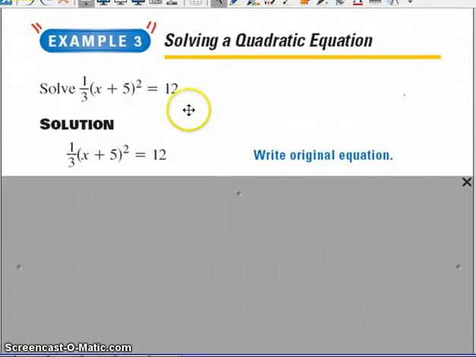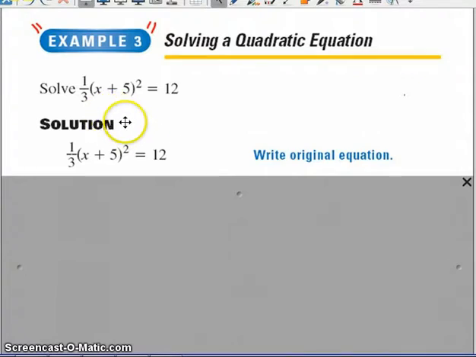I said there were two situations where you're going to want to take the square root, and that will help you to solve quadratics. In this case, and this is the second scenario, you can solve for x without having to do any of the factoring or other things, like cross them up and split the middle, that we've done up until now in Chapter 5.